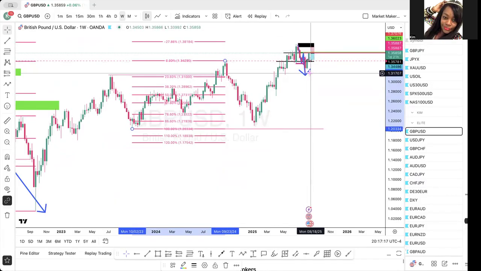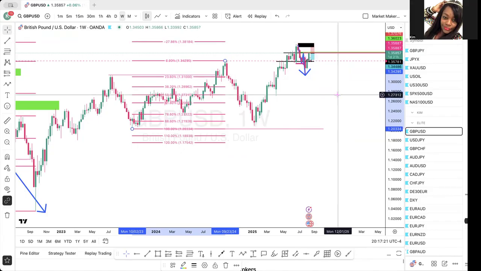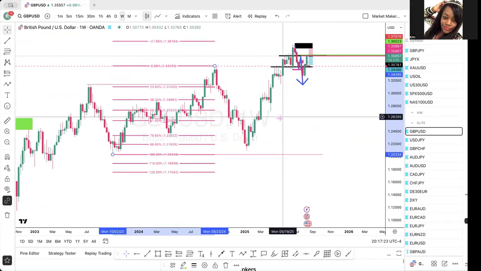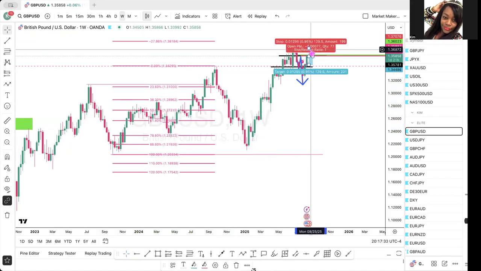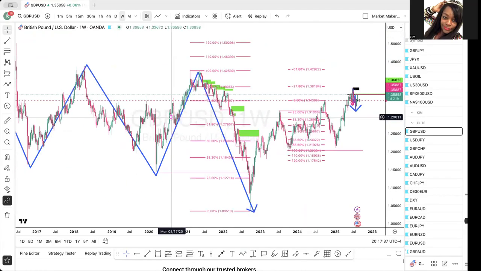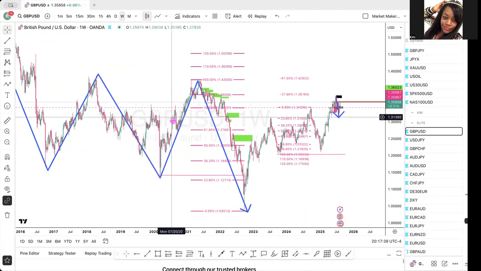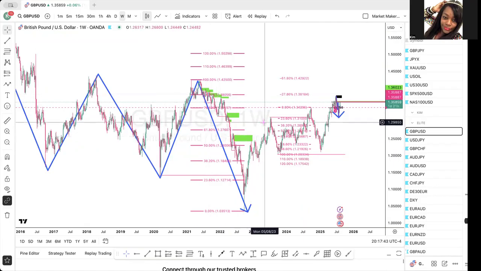Price might buy up to this negative 27 before it gives a pullback to one of these demand zones. Just FYI. Now that I see that, now that I just talked that out, that's probably what it's going to do, because of this fib.